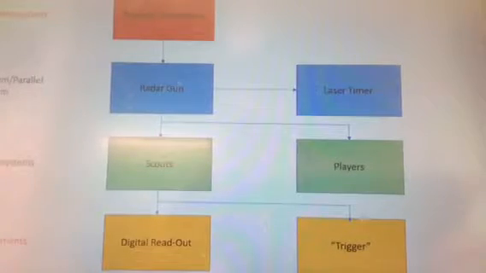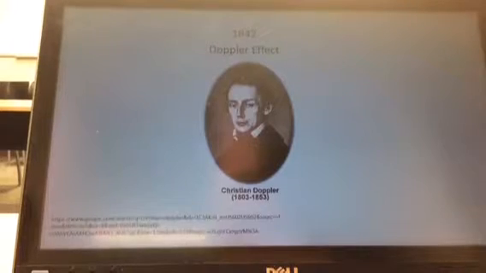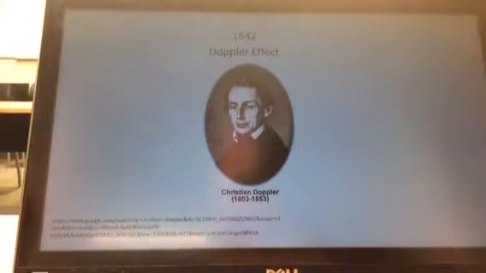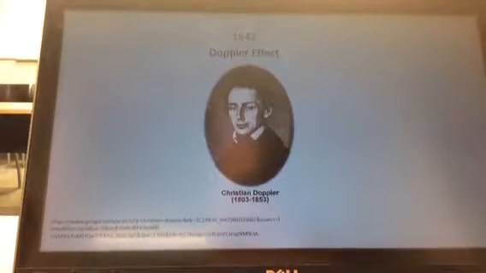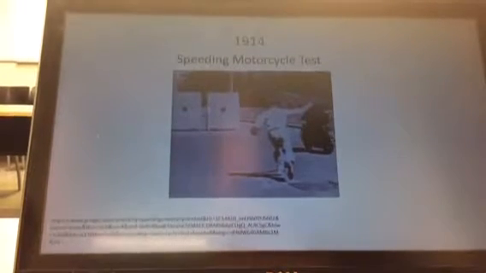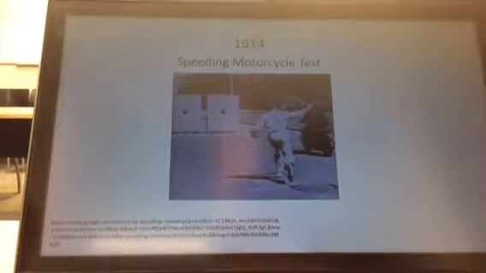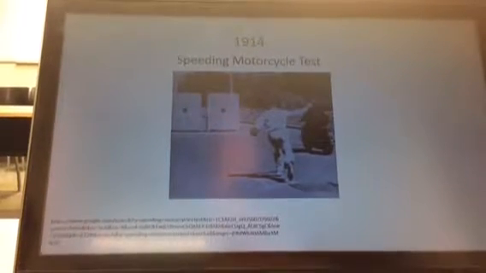The evolution of the radar gun. In 1842, the Doppler effect was described by Christian Doppler. In 1914, it was called the speeding motorcycle test, where the baseball was tested against a motorcycle passing by.